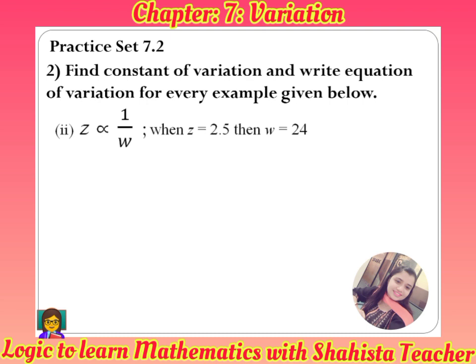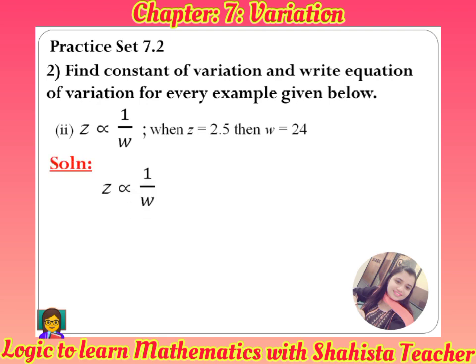Now sub-question second says that z inversely varies as 1 upon w. When z is equal to 2.5, then w is equal to 24. Now my dear students, we have to present this solution in inverse variation form, where z is equal to 2.5 and w is equal to 24.